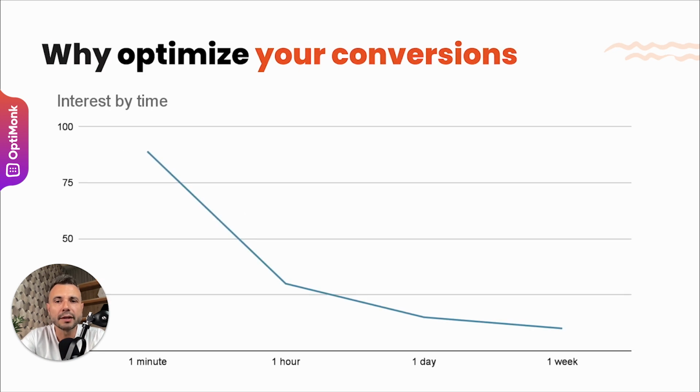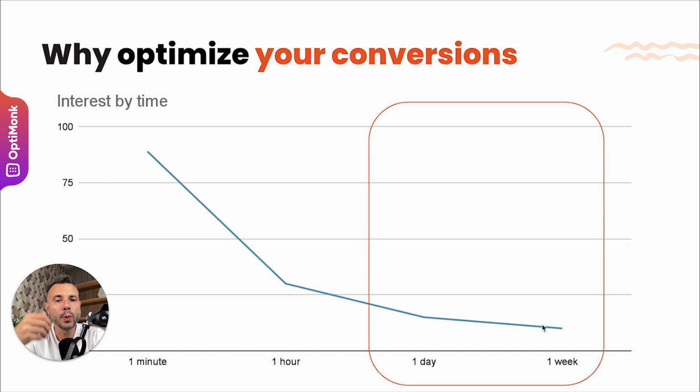If we have a look at the interest of your visitors, and we assume that when they click on your ads, their interest is the highest, let's take it 100%, we will see that as the time goes by, their interest drops significantly. Even after just a few minutes or 1 hour, their interest is way down from their original 100%. After a day or a week, it's only a small fraction of their original interest.